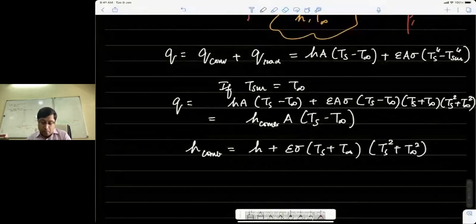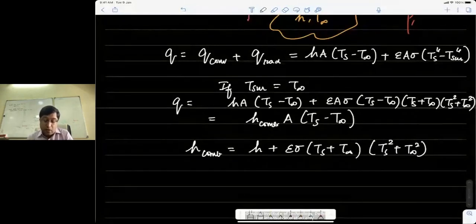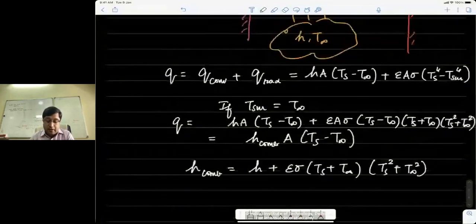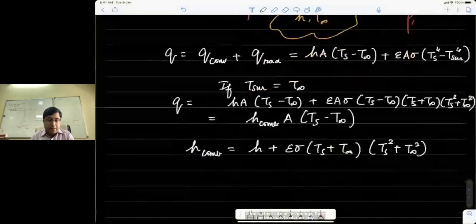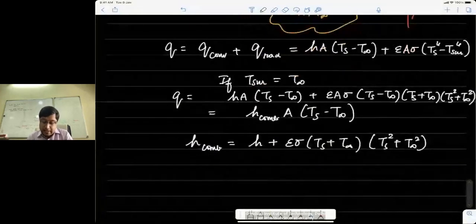In many problems that you will see in your textbook or any other source, you might see that you have both modes of heat transfer taking place, or the boundary condition that you will be tackling will have both modes specified. In that case, it sometimes becomes easier to do our analysis in this manner.